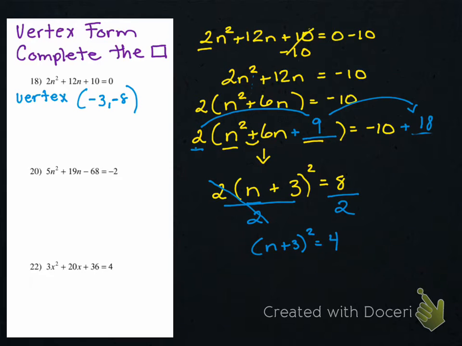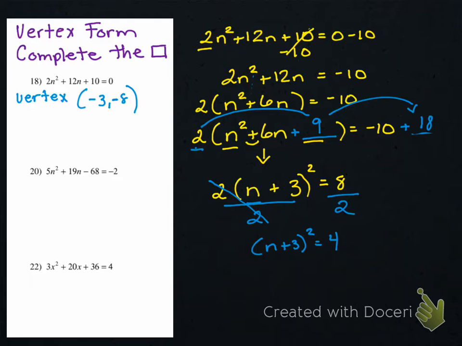Now, remember, in the very beginning, we're going to use something that's referred to as the square root method to solve, not the quadratic formula, the square root method. Because yes, we could have done the quadratic formula all along, but this is a different method.